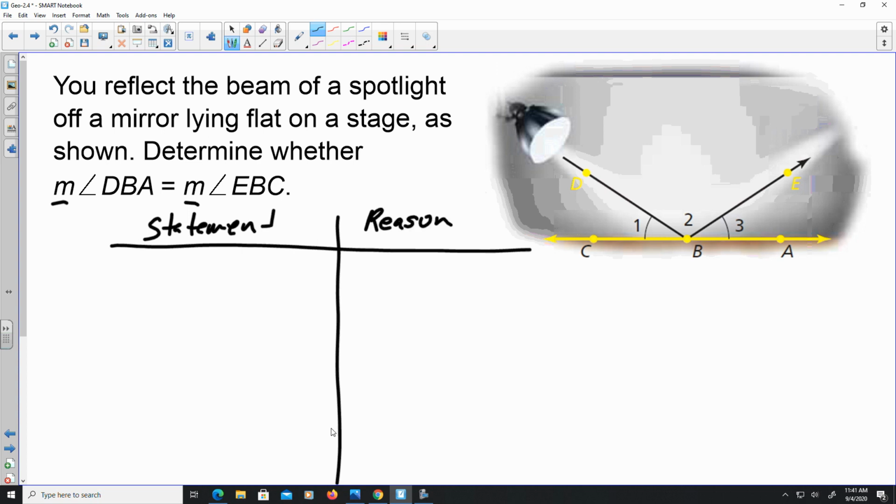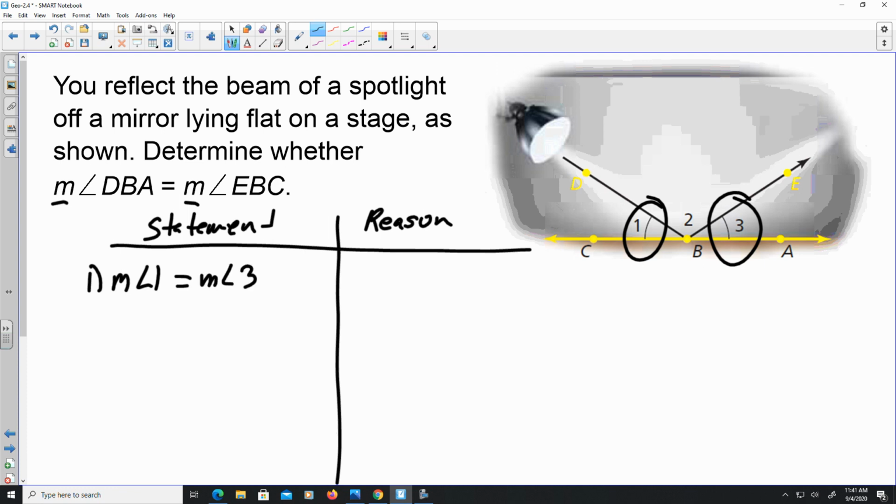Now the things that you can take from a given perspective is what you see in the diagram. If you notice, I have hash marks here and here with respect to the measurement of angle 1 and the measurement of angle 3. So I can say that the measurement of angle 1 is equal to the measurement of angle 3.